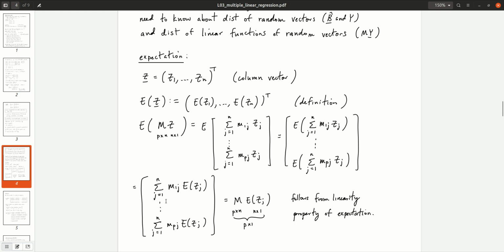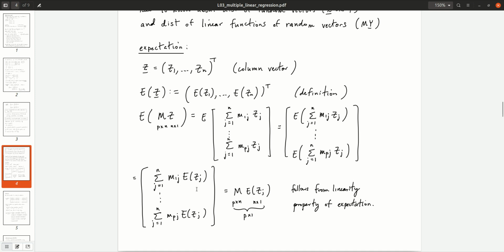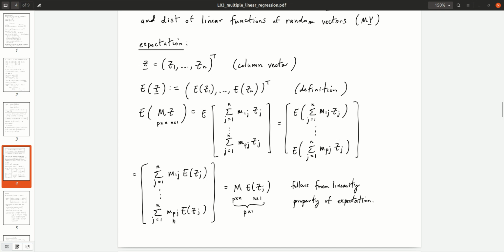So this first element becomes the sum j equals 1 to n of m1j times the expected value of zj. If you think about what this has become, this is really just the matrix M times the expected value of z. This is a typo; there should be no j here. So this is just M times the expected value of z. The way you verify that is you start with this equation and check that you get this vector. This all follows very naturally from the linearity property of expectation. And look at that, due to the magic of technology, I've fixed the typo there.